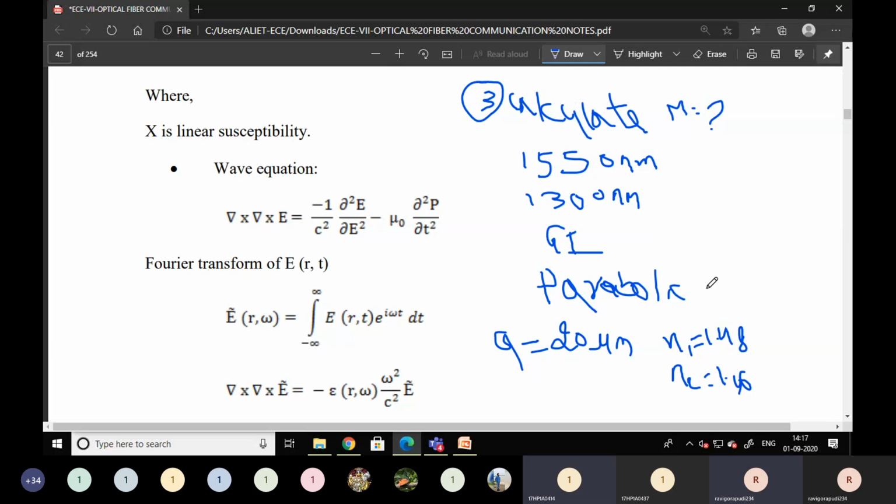Try to solve this one, all of you. This is from the Kaiser textbook.